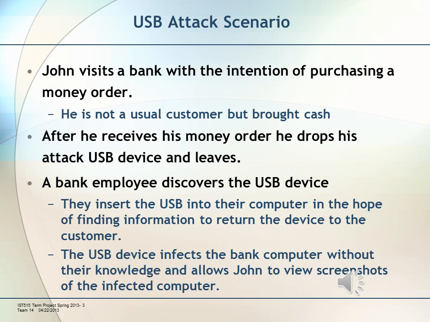However, of course, he is there for a specific intent besides purchasing this money order. On his way out he casually sets his hostile USB key, the one that we're going to show you how to make later on, on one of the teller's desks and exits the premises.